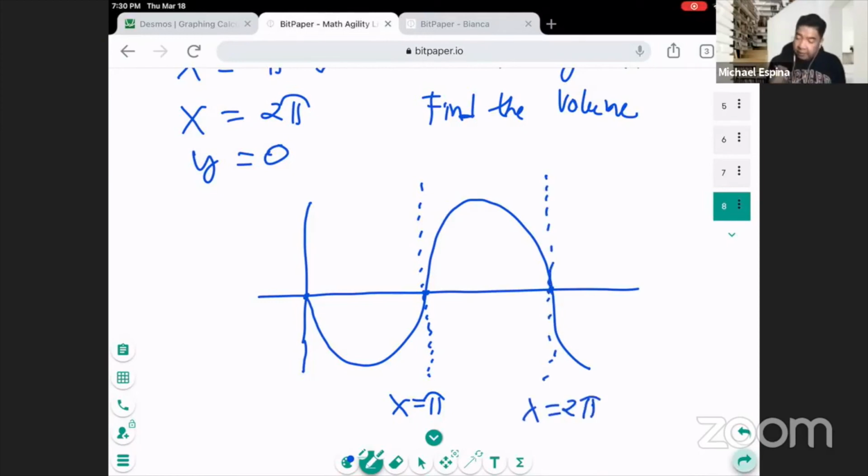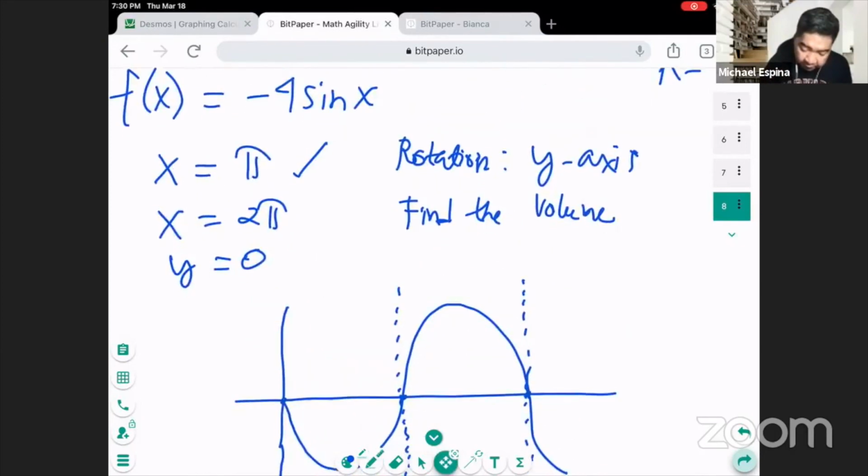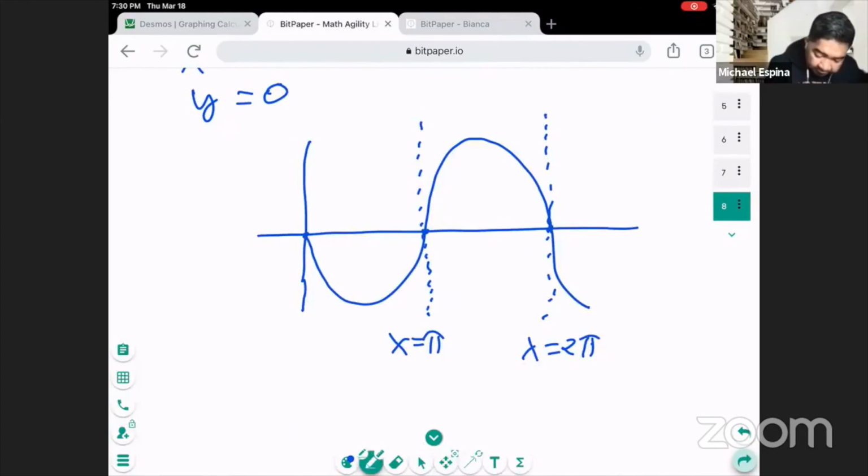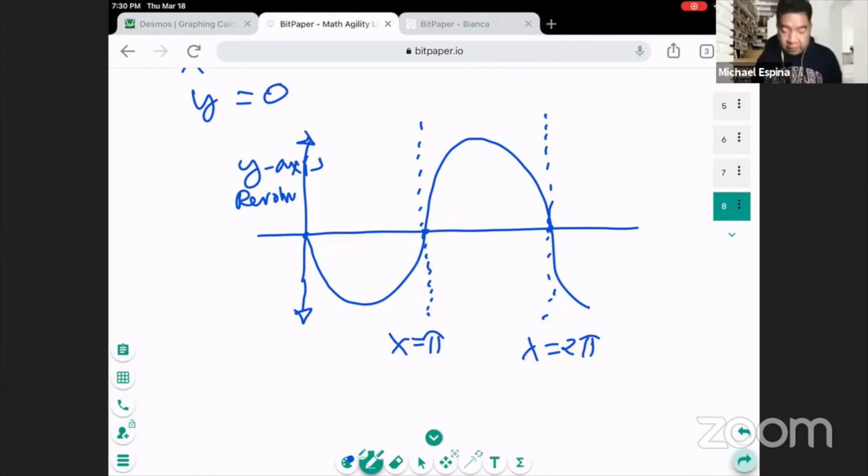Now, where is the axis of revolution? Again, it's the y-axis. So this is your y-axis here, and we revolve around this axis. Let's decide what kind of slice we take. Initially we used the washer method.